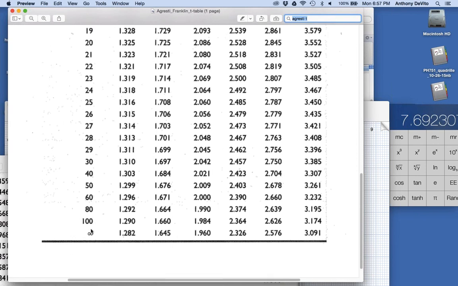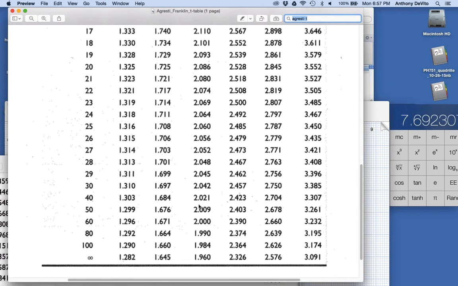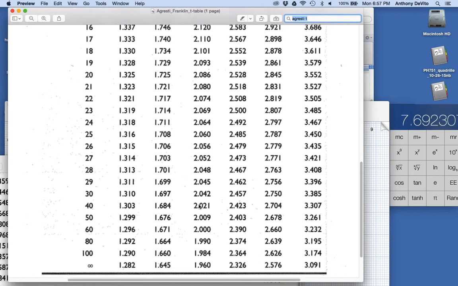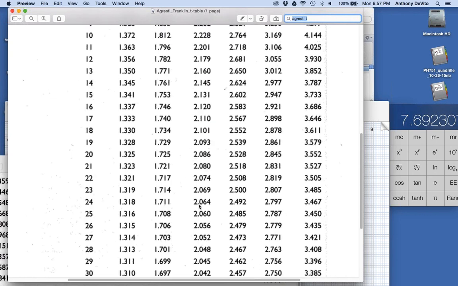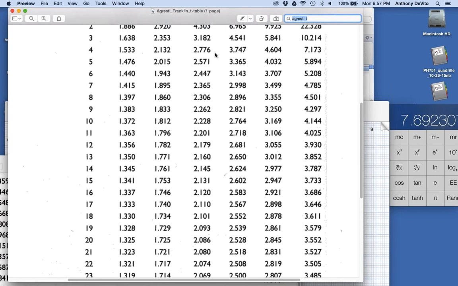So anything but the whole population or an infinite number of samples is going to be bigger than 1.96. And this is to make up for the fact that as the sample size is smaller, we have less confidence in our estimate of the population standard deviation. So that number gets bigger and makes the margin of error bigger. It makes our confidence interval wider.